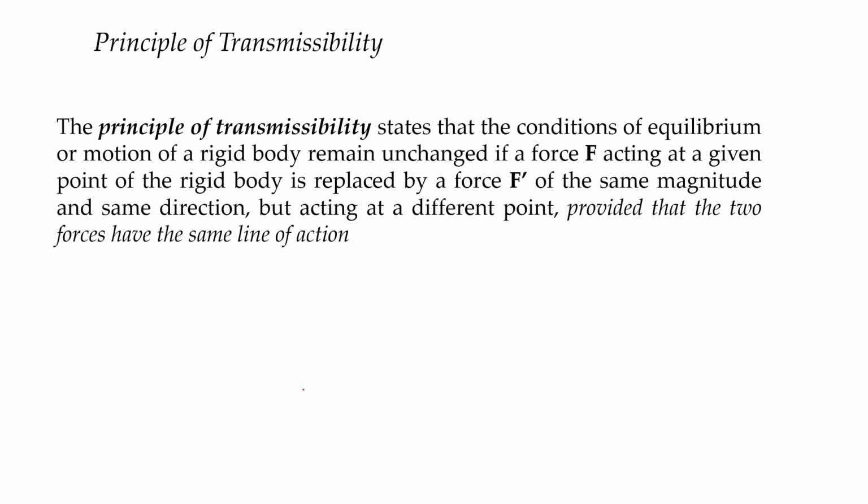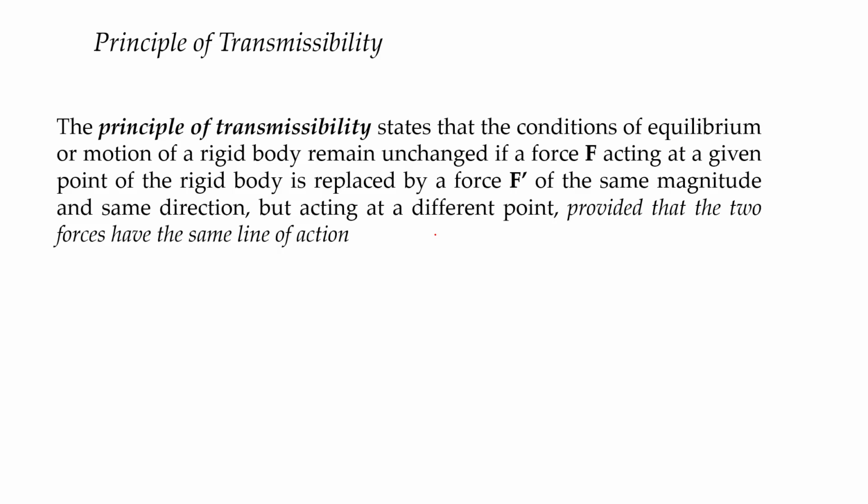This principle states that the conditions of equilibrium or motion of a rigid body remain unchanged if a force F acting at a given point of the rigid body is replaced by a force F prime of the same magnitude and the same direction, but acting at a different point, provided that the two forces have the same line of action.